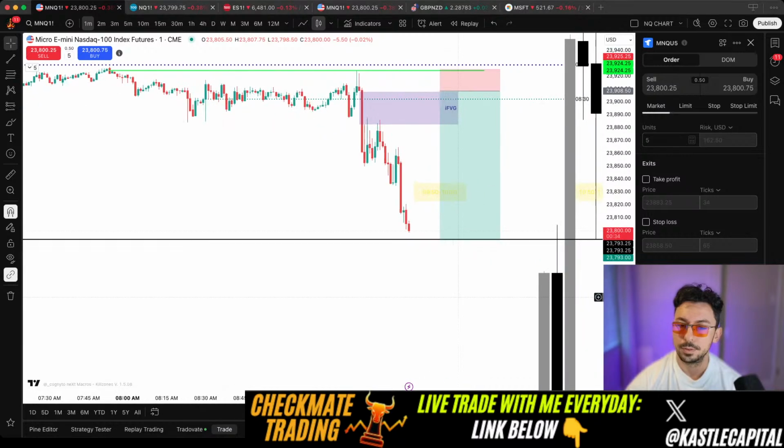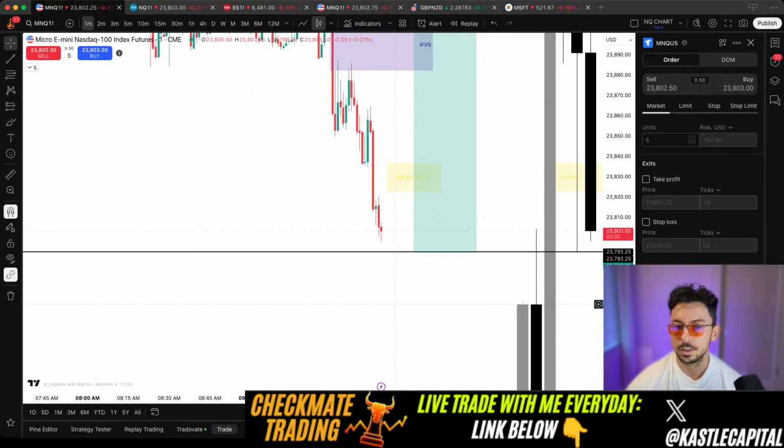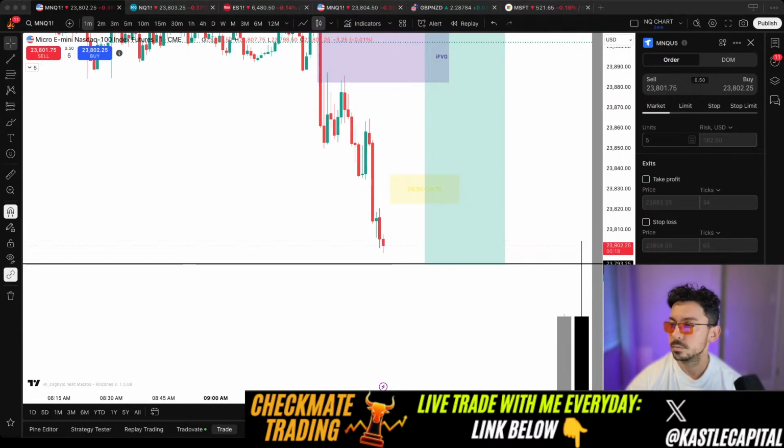Okay, so here's the 15-minute low. Let's see what happens when that low gets swept. If it does here. Again, if we're going to see a reversal, it should be from there. Really should.